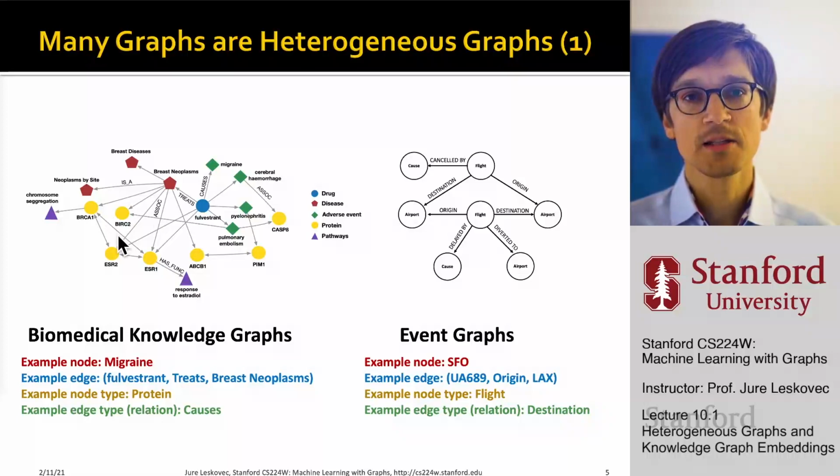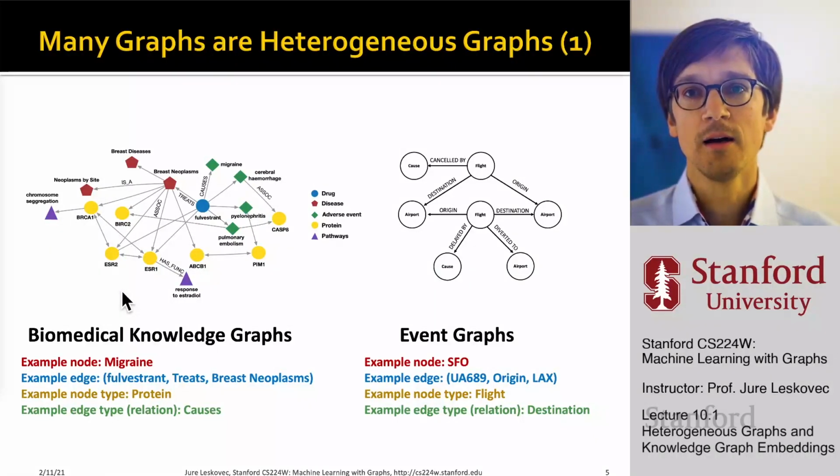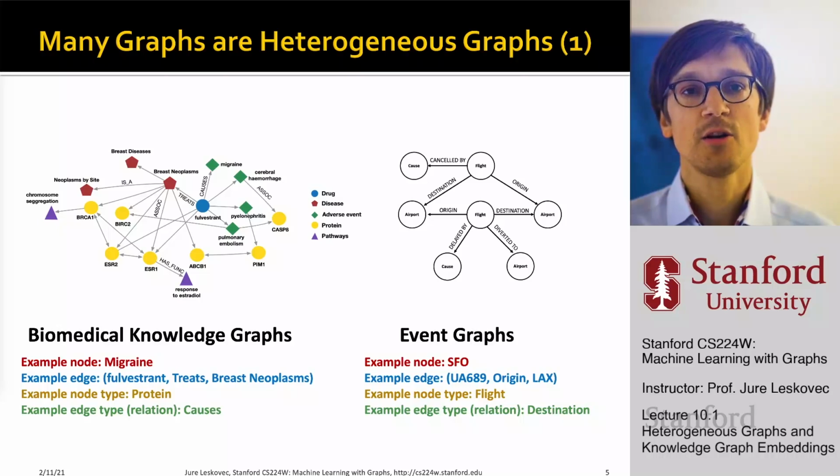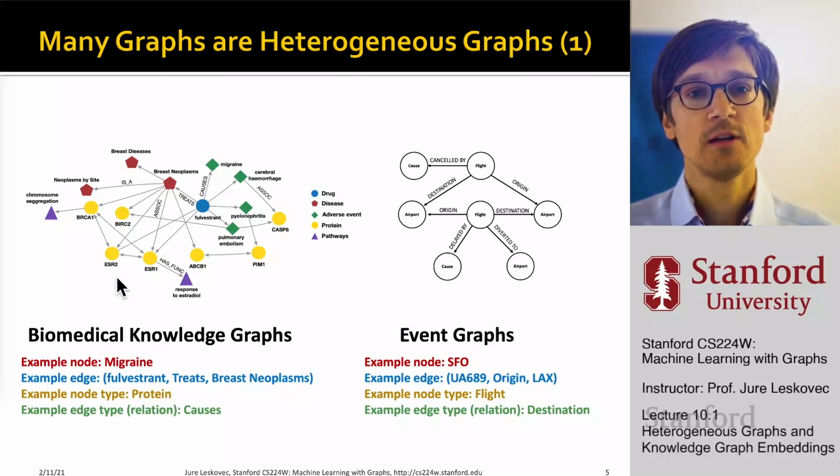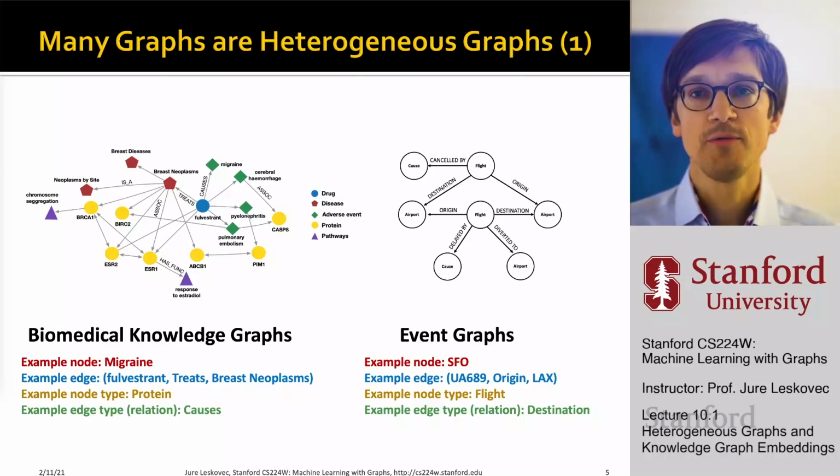So what would be some examples of heterogeneous graphs? One very common example is in the biomedical field, where you can take different biomedical entities and relationships between them and represent this as a heterogeneous graph. So for example, in this case, I would have different node types: diseases, drugs, proteins. I would have different edge types, which are different types of relations between these different types of entities.